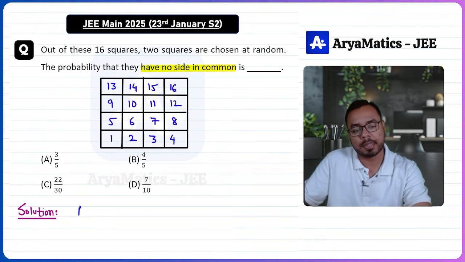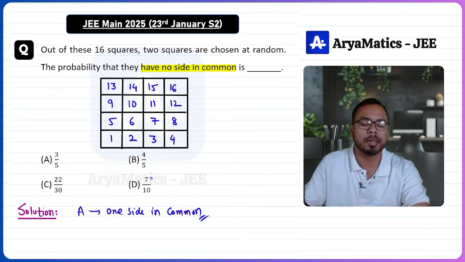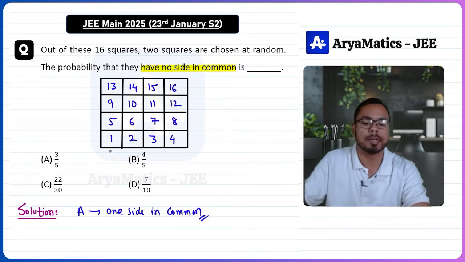And if A is the event that any two randomly selected squares have one side in common, then we have to find the probability of A complement, because when you select any two squares, either they will have no side in common or they will have one side in common. For example, if I select squares 1 and 2, then this is the side common between 1 and 2.